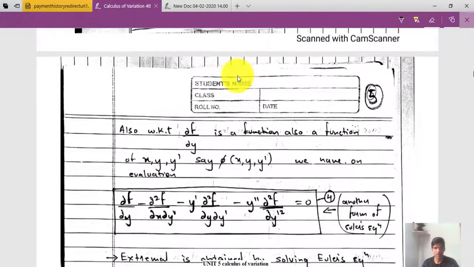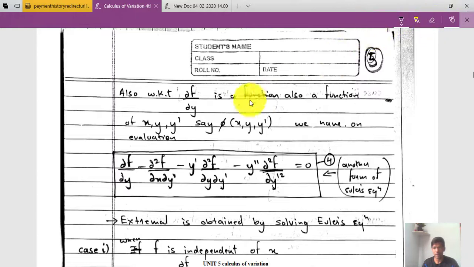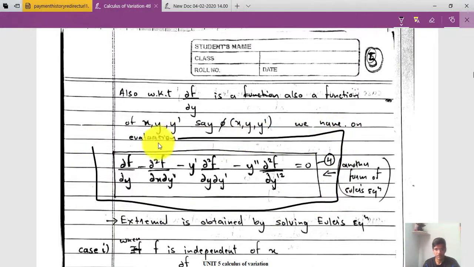Now we also have another form of Euler's equation. If this derivative, that is dou f by dou y, is also a function of x, y, y prime, that is the derivative function, say phi of x, y, y prime, then on its evaluation, again following the procedure of total derivative, finally after evaluating we get another form of Euler's equation.